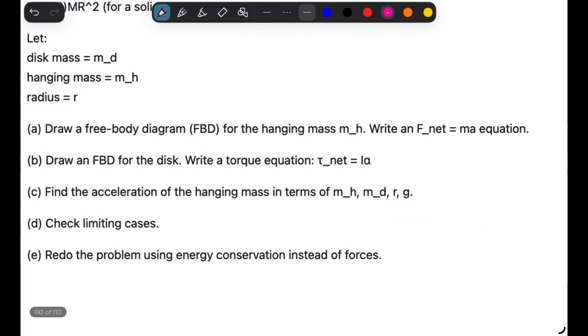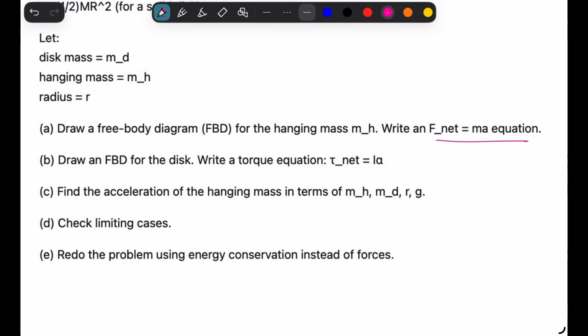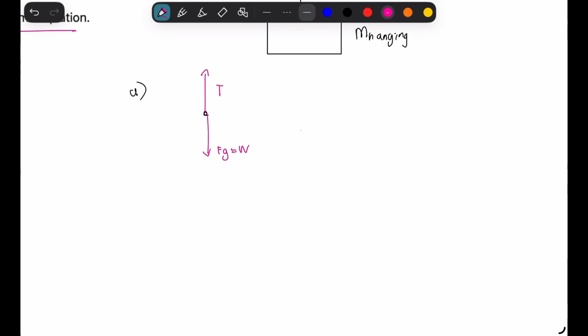Now, we're also asked to write the F net equation. So that equation is going to be the summation of forces is equal to ma. Summation of forces is going to be Fg minus Ft is equal to ma.